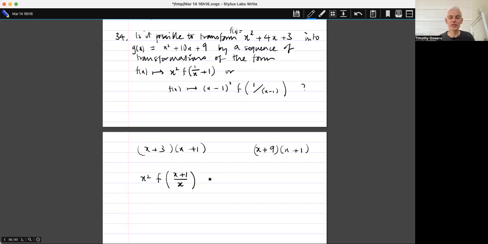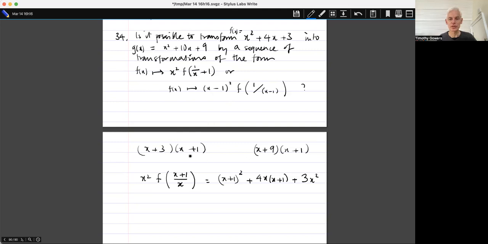So we get x plus 1 squared over x squared multiplied, we get x plus 1 squared plus 4x, x plus 1 plus 3, and 3x squared, I mean, which should, because this one originally factorized in a nice way.